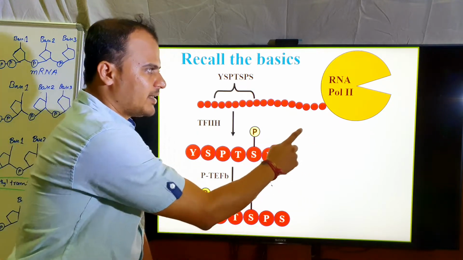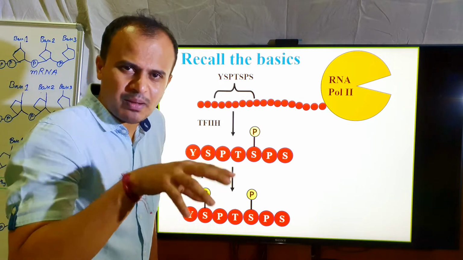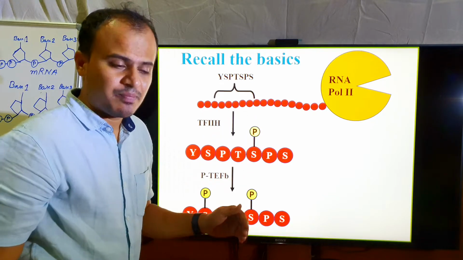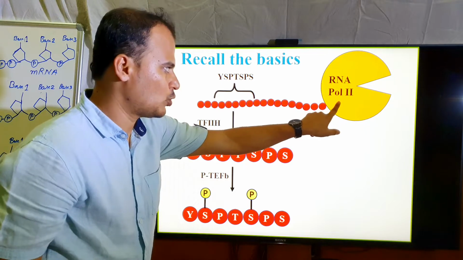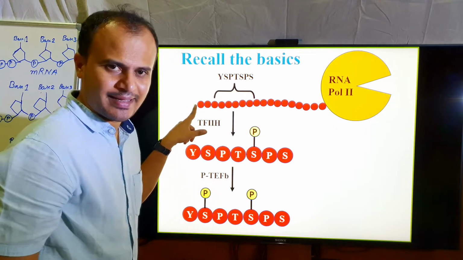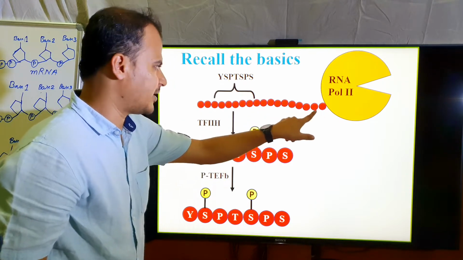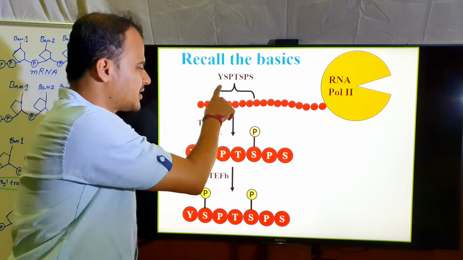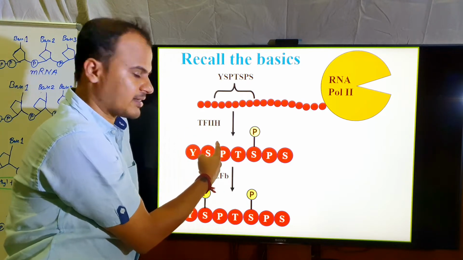Basically, mRNA is transcribed, to give you some hint about this, mRNA coding genes are transcribed by RNA polymerase II. RNA polymerase II has a tail, the C-terminal domain of the largest subunit of the RNA polymerase. It has YSPTSPS, the amino acid sequence, which I have already spoken to you about in the previous video.